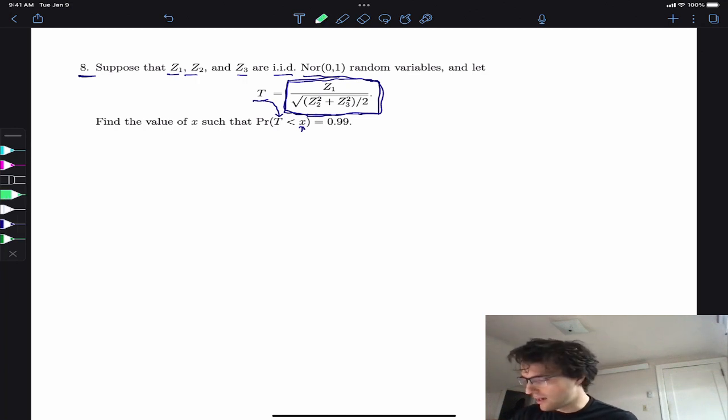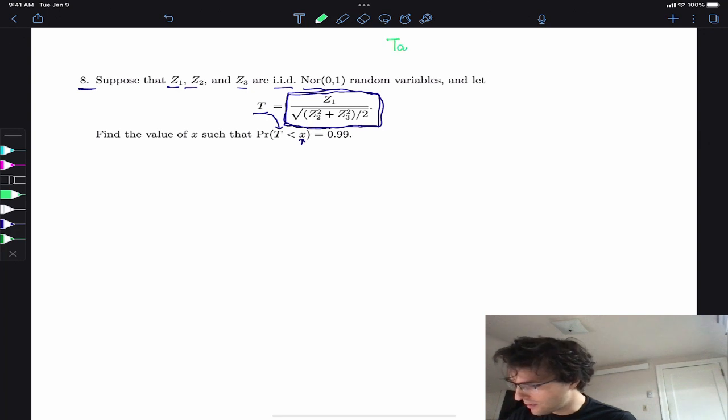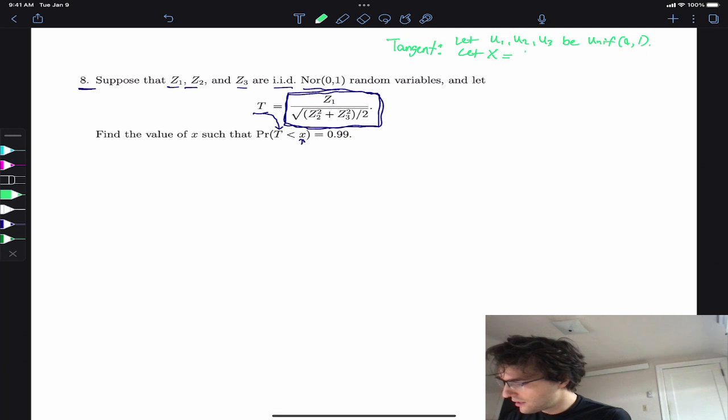So, as a tangent, he'll have a question something like: let u1, u2, u3 be uniform 0, 1, and let x equal, say, 1 over 5 times the natural log of u1, and then 1 minus u2, and then maybe u3, all within this natural log.